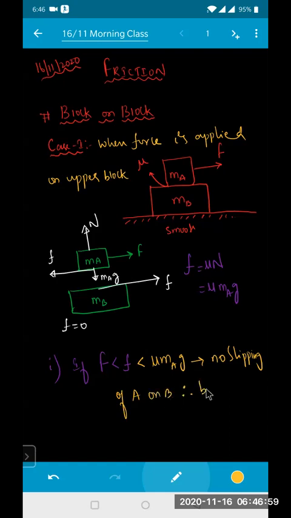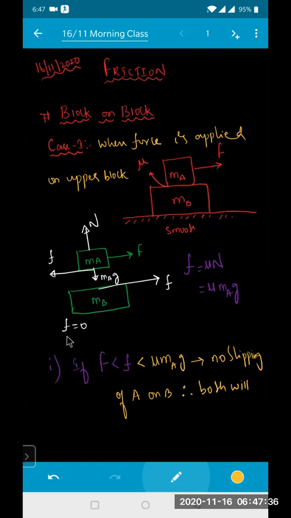Therefore both will be moving with what? See, when you can't break the bond, your applied force will obviously be greater than 0, na beta? That means the total system is moving with one common acceleration. The friction force between MA and MB is greater than your applied force, so you can't break the bond between B and A, and there will be no slipping of A on B. Your applied force is greater than the force exerted by B on the ground.